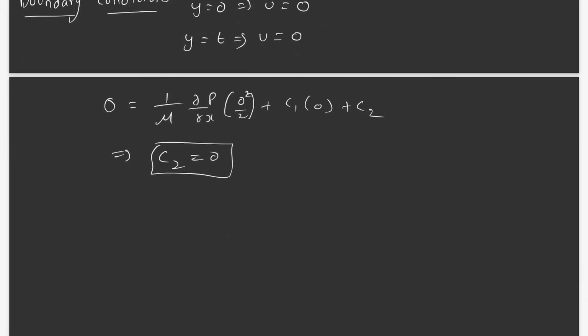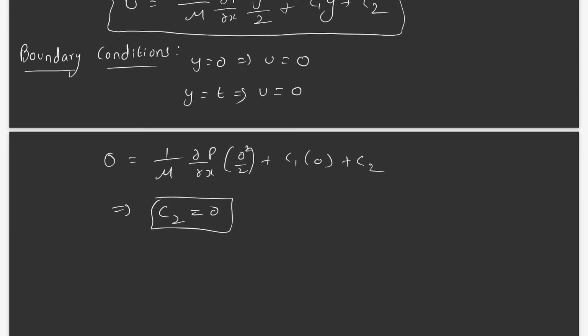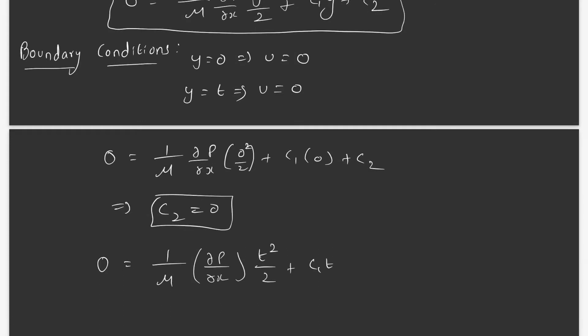We apply, at y equals t, u equals 0. 0 is equal to 1/μ ∂p/∂x, what is y here? t²/2 plus c1t. Again we already know c2 equals 0, we are not going to apply that.